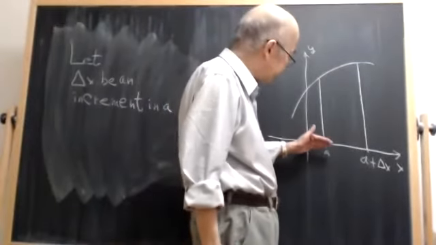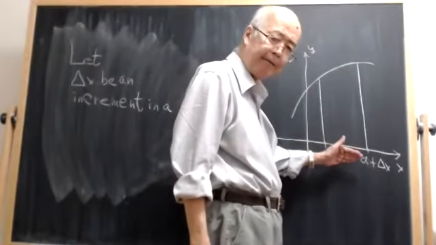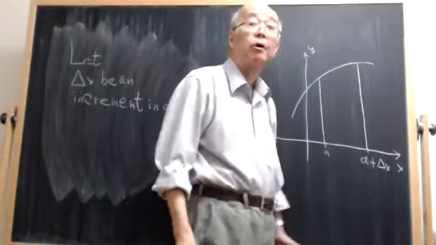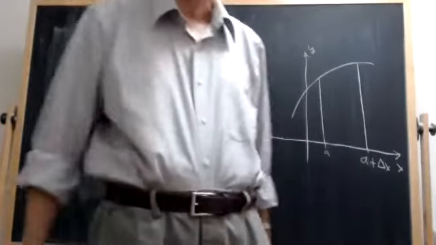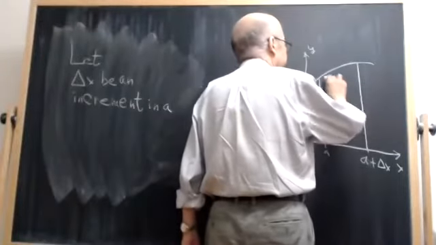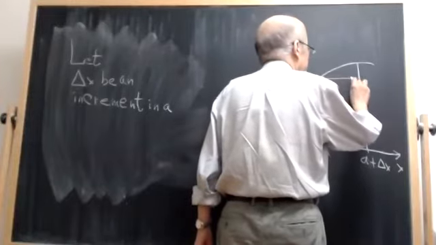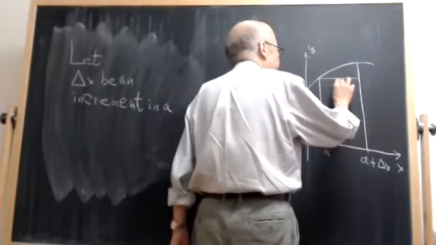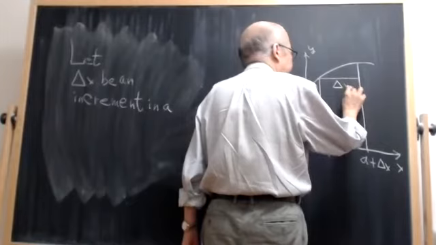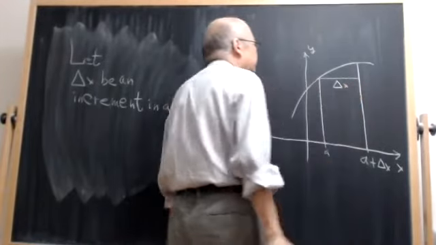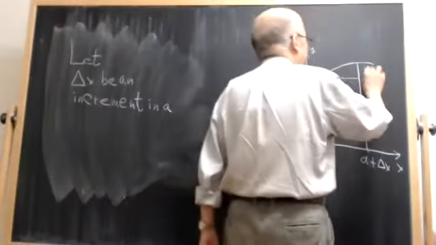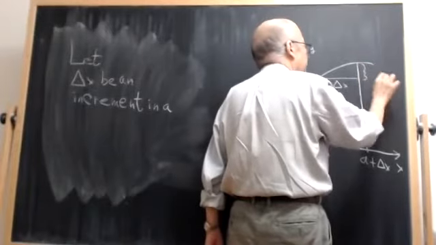So when there is a change in the value of A, there is a change in the corresponding value of y. So this is the change along the x-axis, right? And this is the change in y.